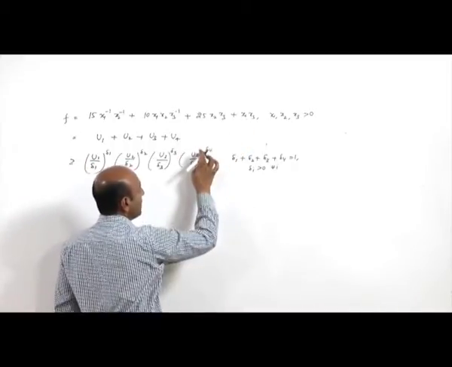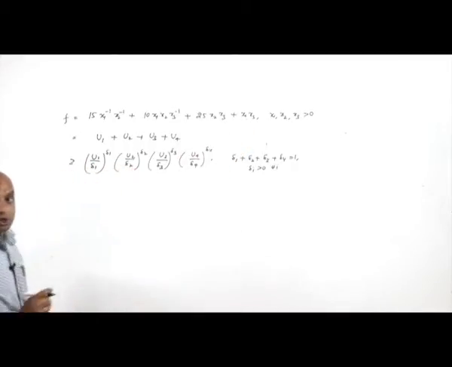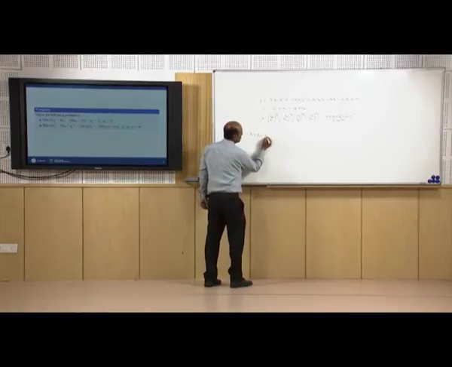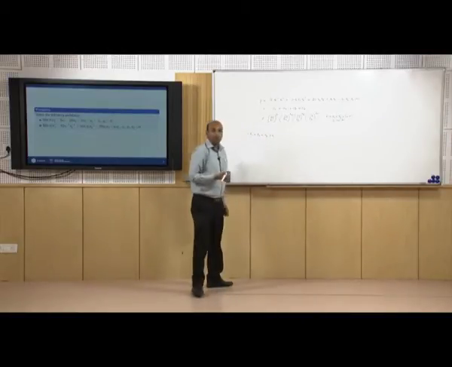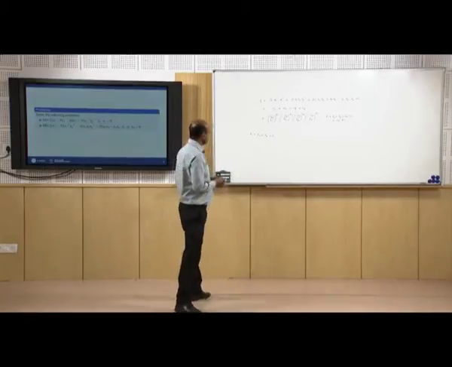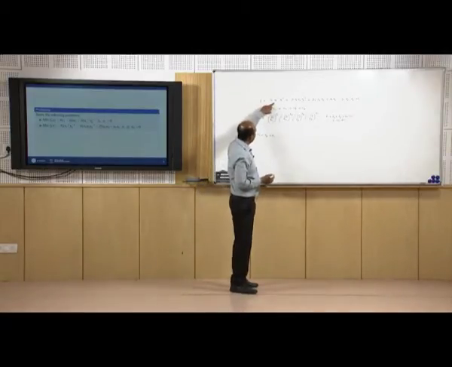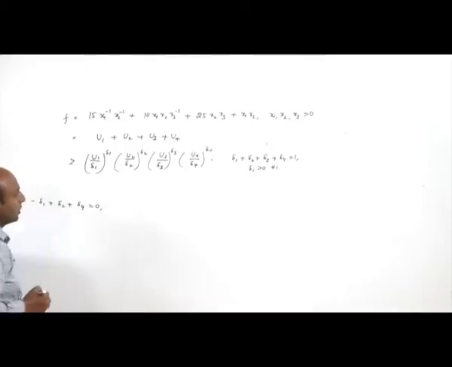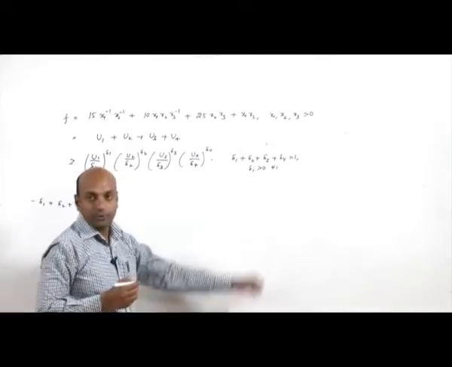Here there is x1 raised to power delta 4. So, what is the power of x1 we are obtaining? It is minus delta 1 plus delta 2 plus delta 4, and we can set it equal to 0 because we want to make it free from the variables.